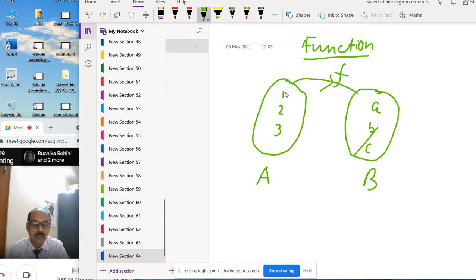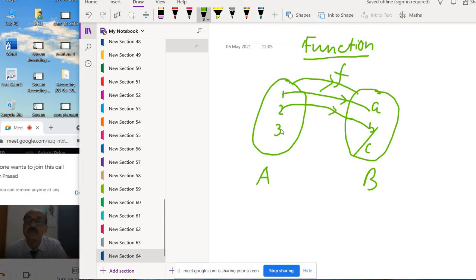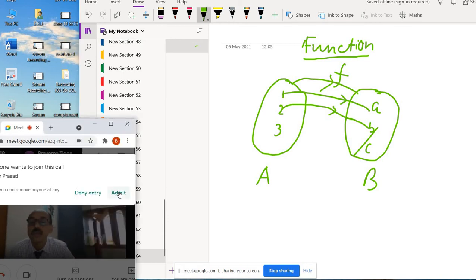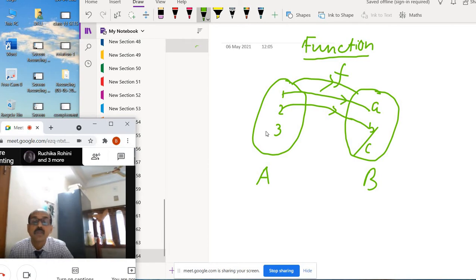So 1 is related to a, 2 to b, and 3 to c.